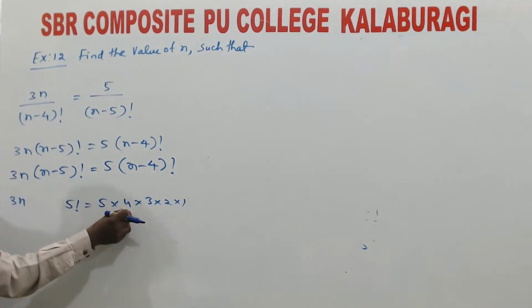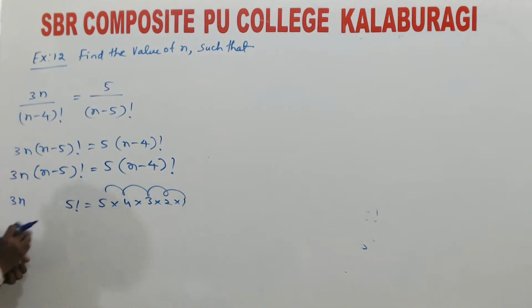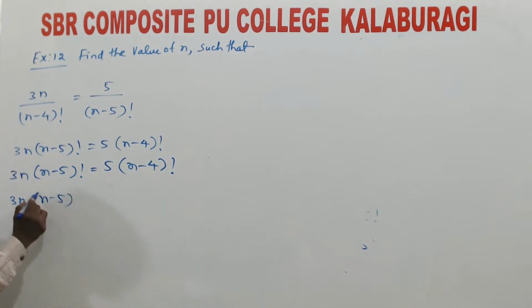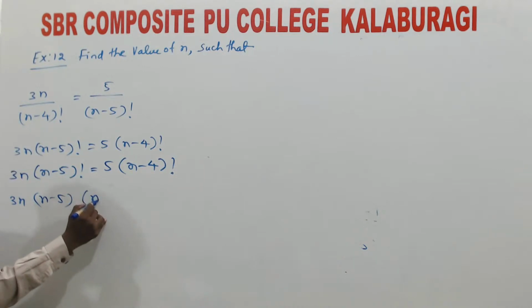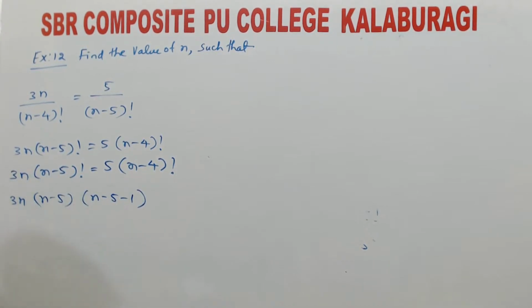So 5 is getting reduced by 1. So you can observe here the mistake I have made. When you open the factorial, reducing by 1 means minus 1, so it will be minus 6. That's why I have written minus 4. So that was wrong over there.